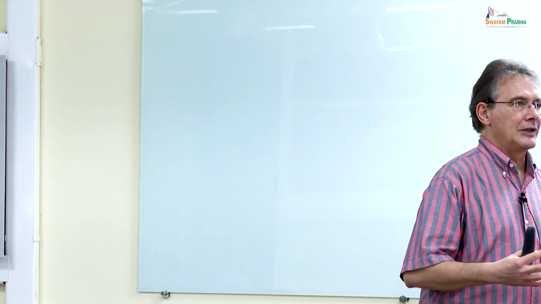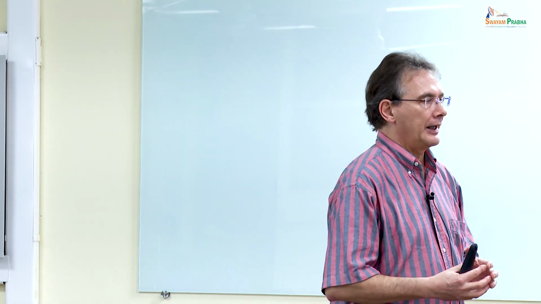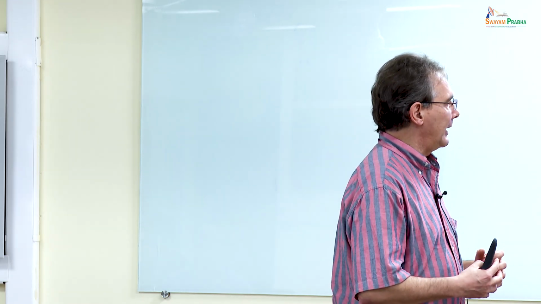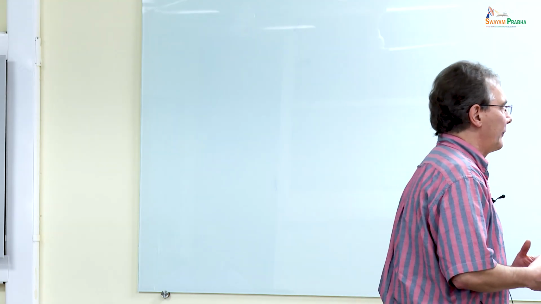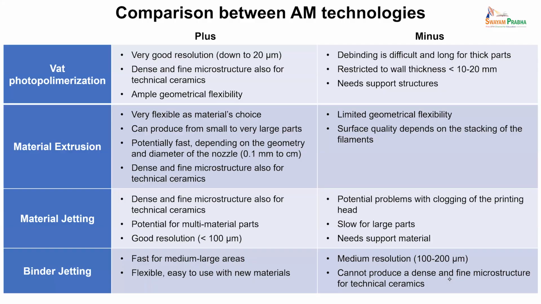Out of the 7 categories, I'm going to remind you of the characteristics of 4 categories, which are the most used for making components out of ceramics. So VAT photopolymerization, and I remind you that this comprises SLA, so laser-based approaches, DLP, so it's a different way of providing an energy light source to the photocurable feedstock, 2-photon polymerization and volumetric additive manufacturing.